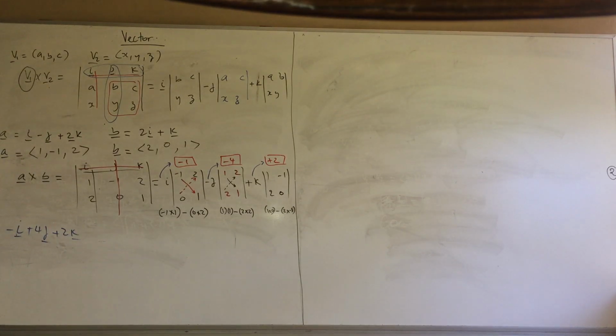That is how you do it. A cross B gives you a vector. Now, let's look at question 2.